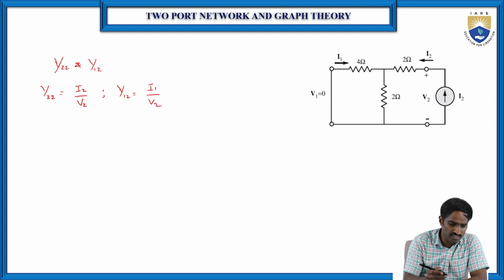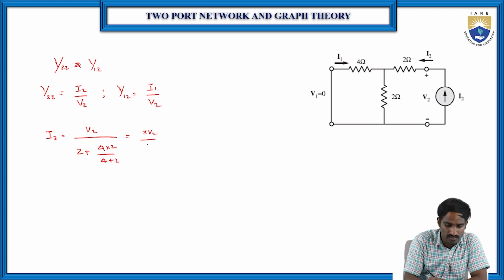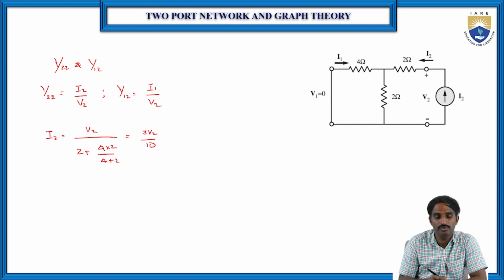First find I2. I2 is equal to V2 by, now here 2 and 4 are in parallel, and the parallel combination is in series with the 2. So that's 2 plus 4 into 2 by 4 plus 2. Then the value of I2 here is 3V2 by 10.